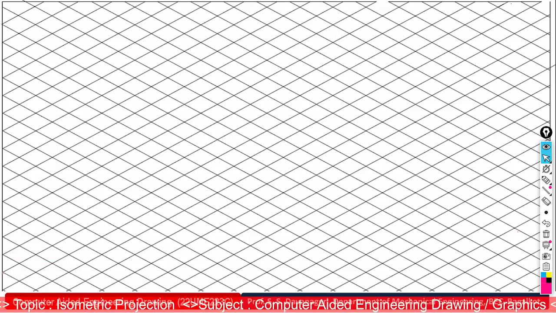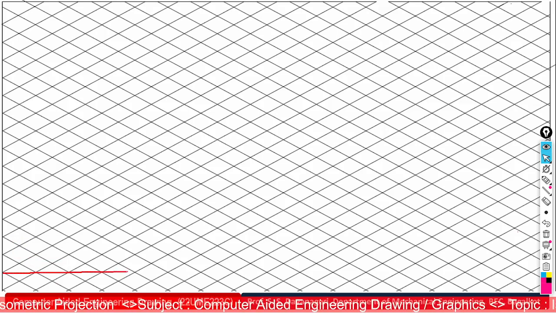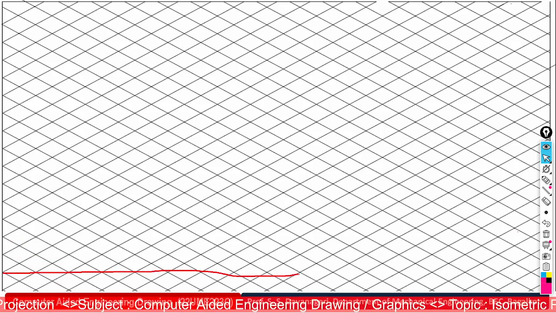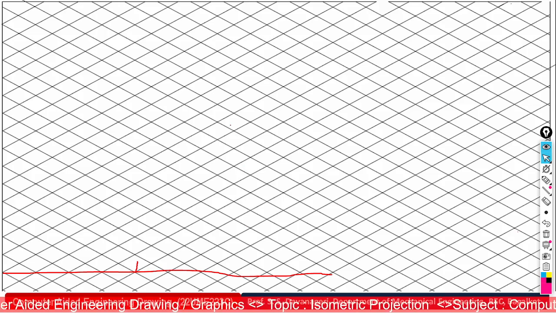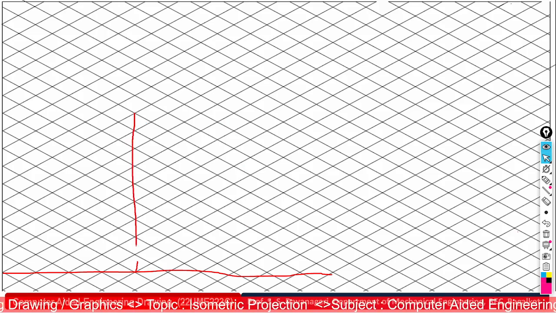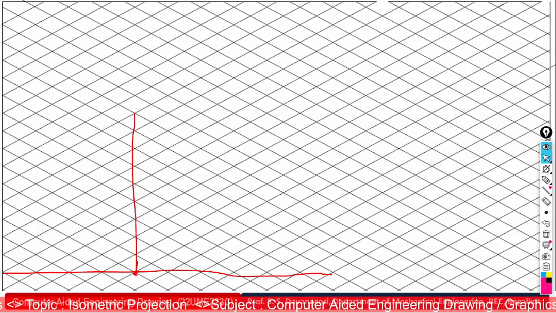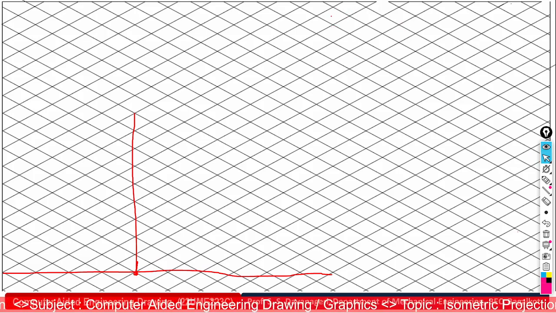So first you draw one horizontal line here. Then you mark one vertical line. These lines should be very thin because you are drawing them for construction purposes. So where you got a point here, now let us check what the conditions are. One is you have a square prism.